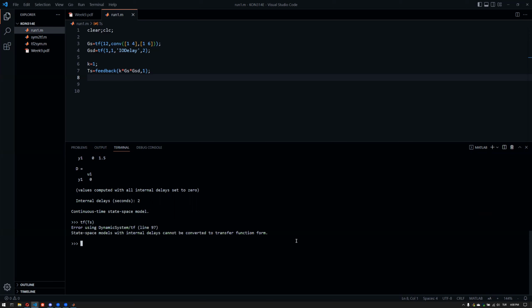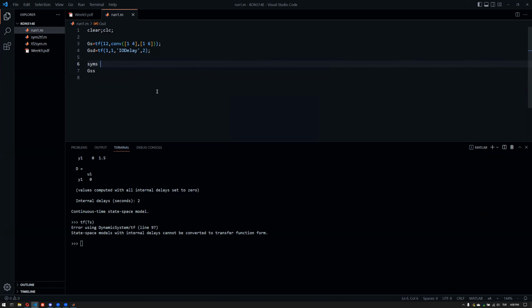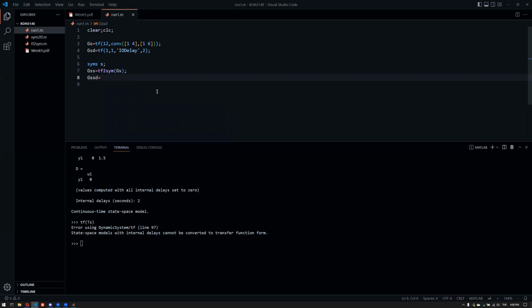Well, at this point, what you might try to do, which seems to be a bit better, is to convert this whole thing into symbolic expressions and see what's really going on. tf2sym, I take this part here, G_s, and G_s_d, that would be G_s times e to the power of minus 2 times s, which is not a big deal.